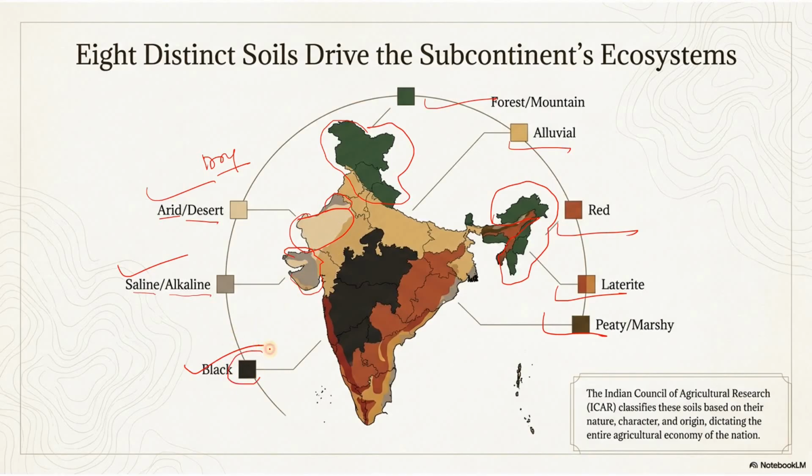And here we have the black soil. This black soil is found in the Deccan Plateau and Madhya Pradesh, and also parts of Karnataka, parts of Maharashtra, and parts of Andhra Pradesh, which is also known as the Regur soil.